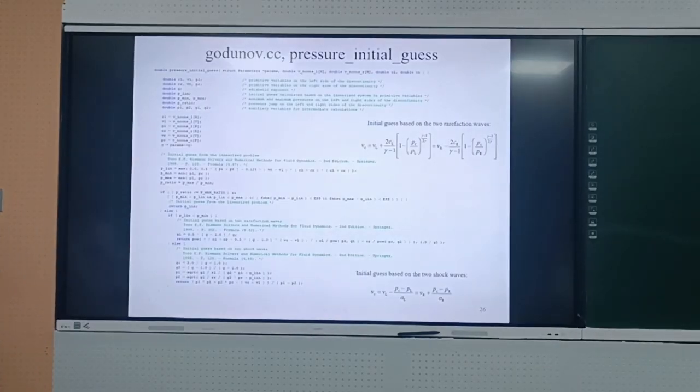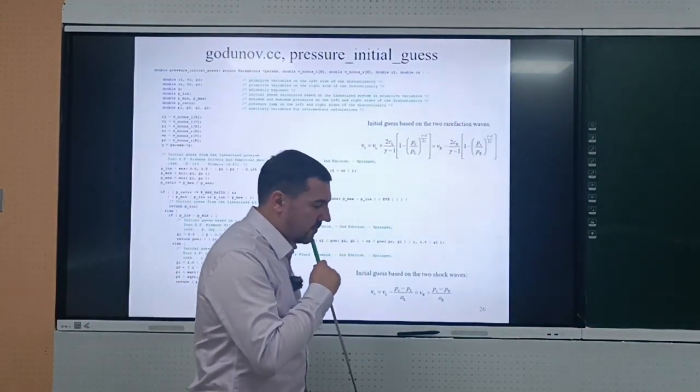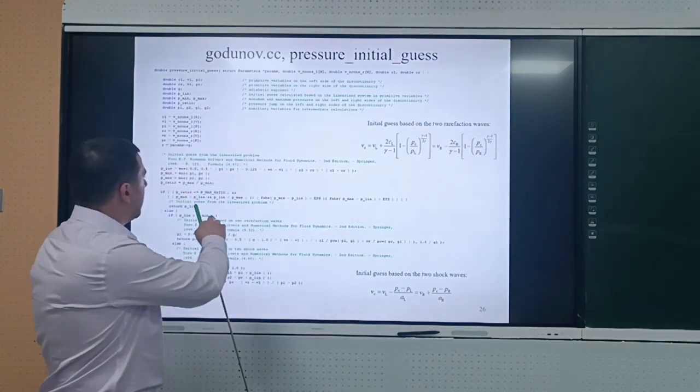It's also a very meaningful discussion. How can we choose it? There are different approaches. All this code was actually taken from the book of Toro.